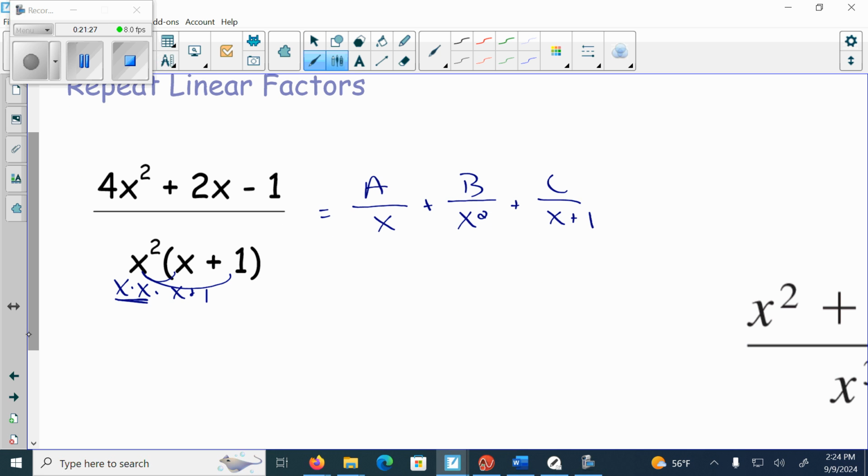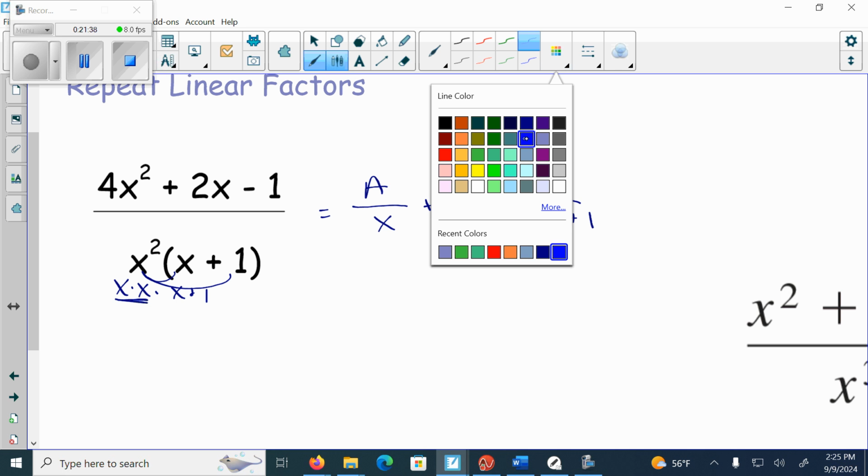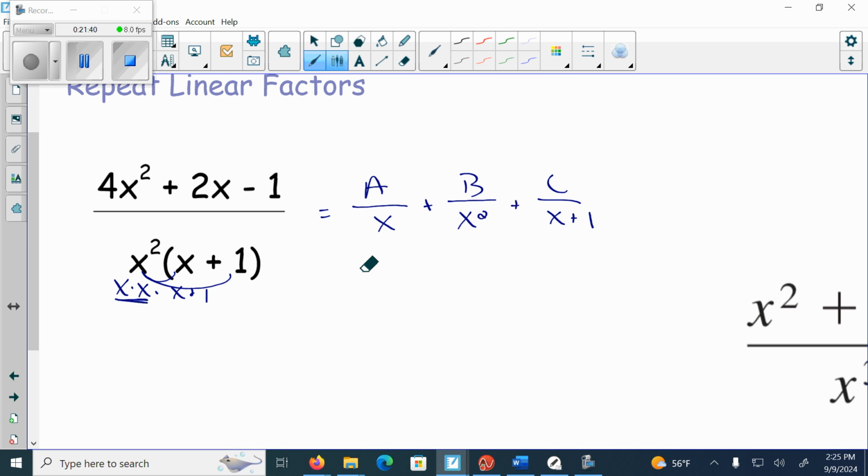So those are my factors, and I am going to ignore the denominator from now on. Are you good with that? I'm not going to write all these over x squared times x plus 1. But I am going to ask myself, what do I have to multiply this x by to get x squared times x plus 1? And you tell me. x plus 1.